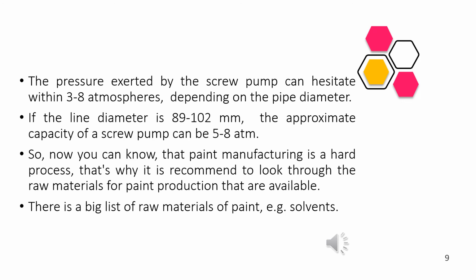It is a very difficult task to manufacture paints, so it is suggested to use the available raw materials instead of producing the raw materials for paints. As the manufacturing of paint is a hard process, it is more suitable to use raw materials that are available in the market.